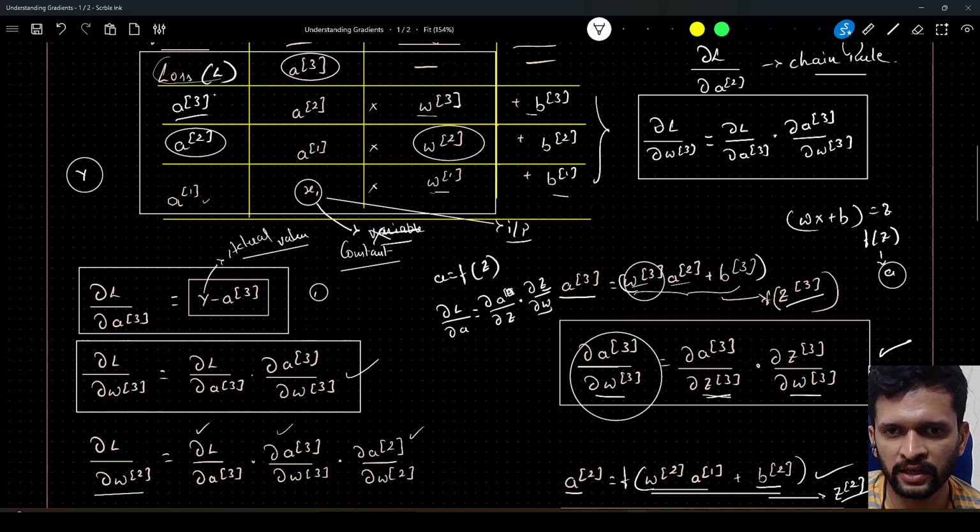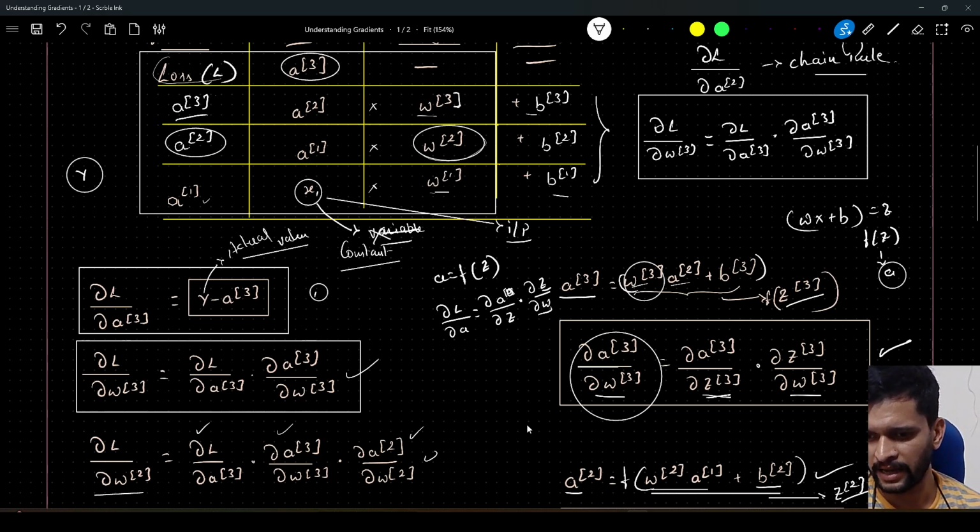So in order to do that, we have to consider everything that comes till this particular weight 2, right? So let me just write that down here. The effect of change of weights at layer 2 on loss is given as the effect of change of A3 on loss, multiplied by the effect of change of weight 3 on A3, then the effect of change of weights 2 on A2. So that's what I have written here.